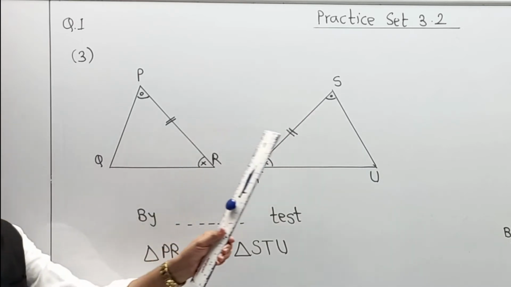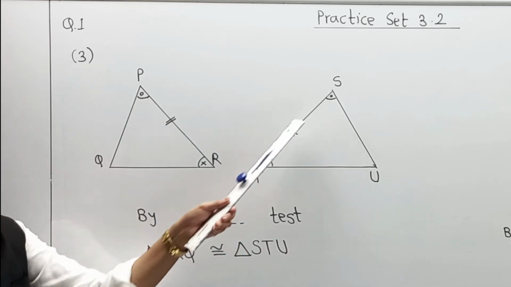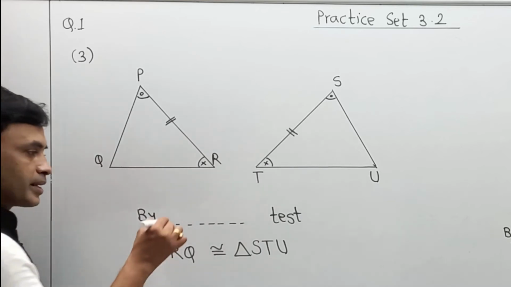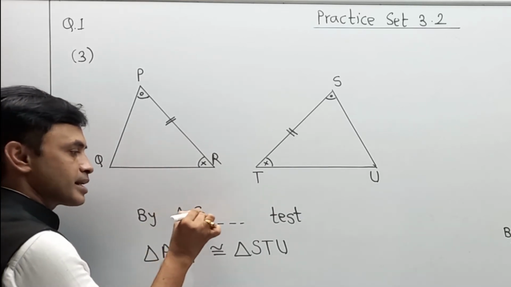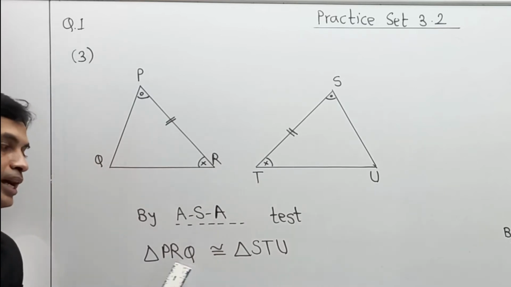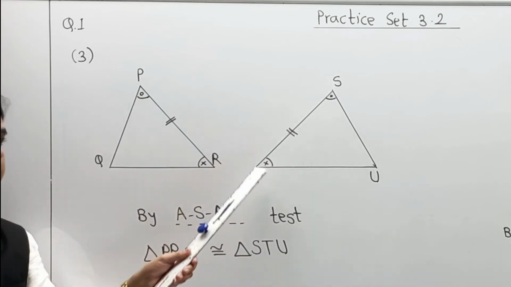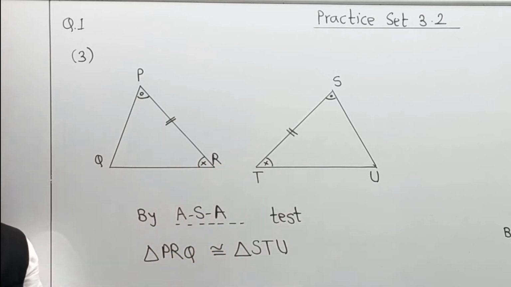Naturally, the first triangle is congruent with the second triangle by angle side angle, or you can say the ASA test of congruency, by which triangle PRQ is congruent with triangle STU, and in this way these two triangles are congruent.